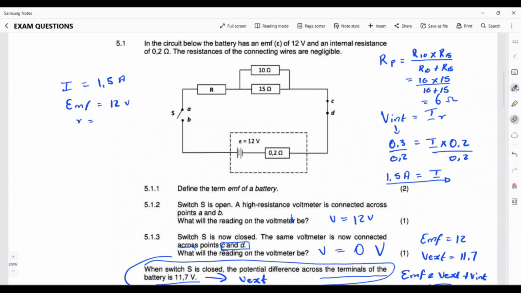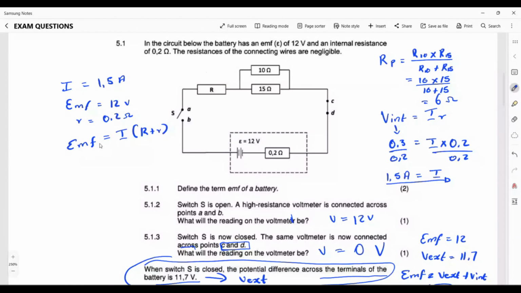Here I was still saying that we have an internal resistance of 0.2 ohms. So we can simply find the total resistance, because we know that EMF is equal to I into R plus r.